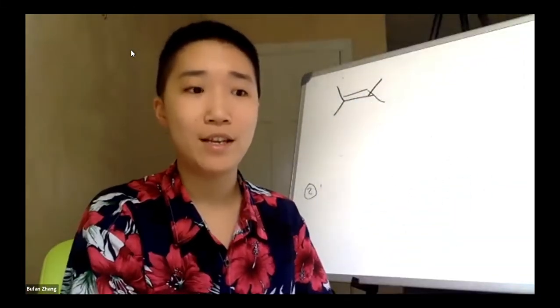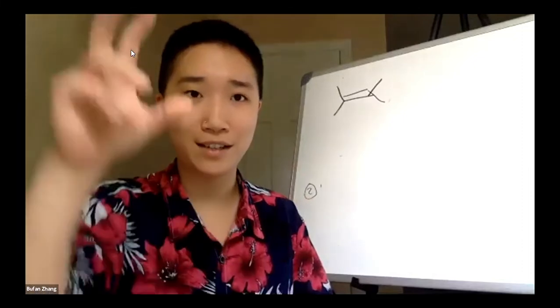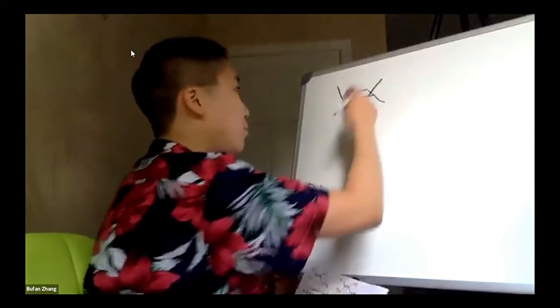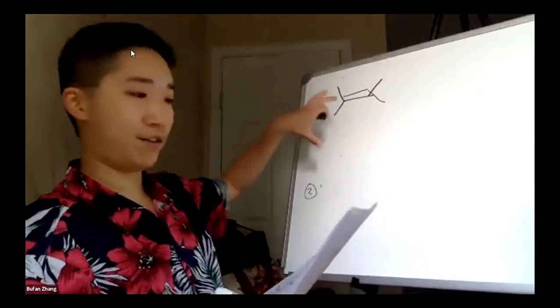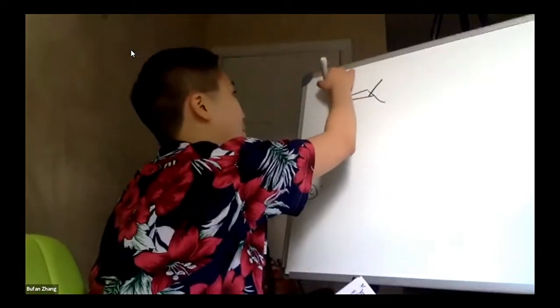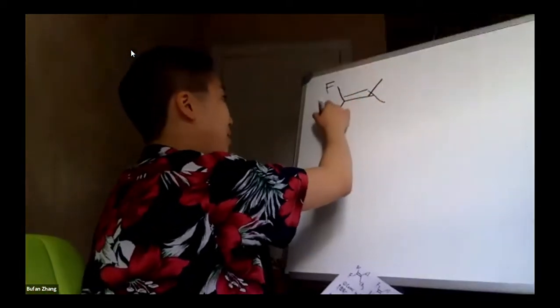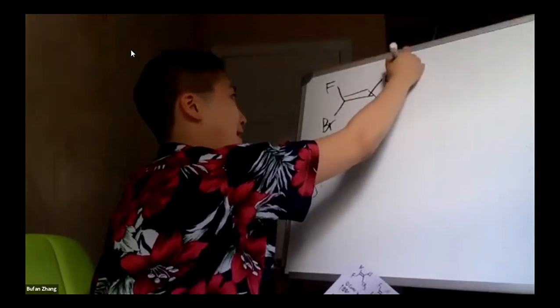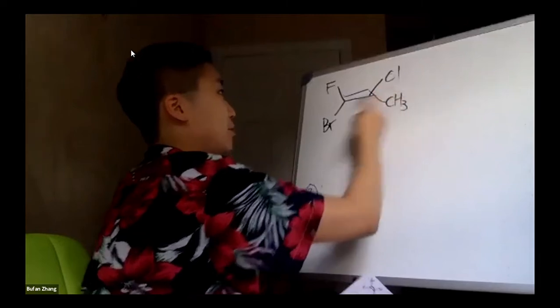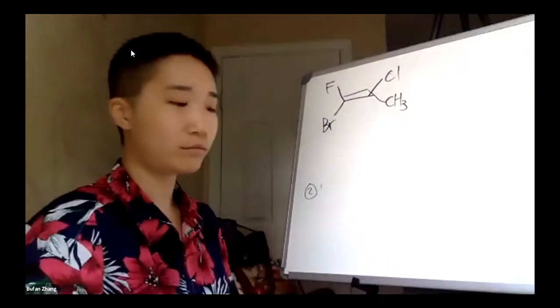That means you have different atoms connected to different parts. And I'll illustrate that on the board in just a second. So we still have this overall structure, but our atoms are mixed up this time. So I have fluorine on top, bromine on bottom, and the right-hand side of the molecule does not change. I just flipped fluorine and bromine.